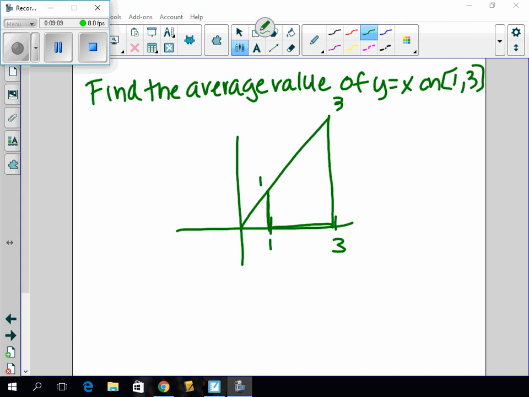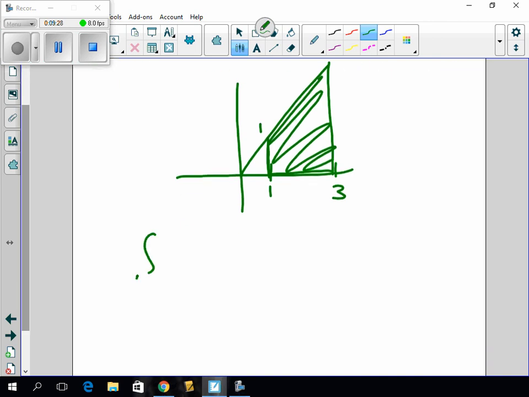So let's see how the mean value theorem plays out using the function y equals x on the interval 1 to 3. We're trying to find the average value, and we're trying to see if the mean value theorem actually works. So I'm given this function. First thing I want to do is find the integral from 1 to 3 of x dx. I see that this is a trapezoid, so I'm just going to use a single trapezoid.